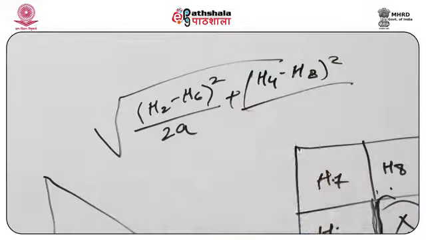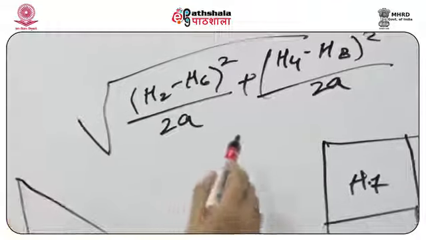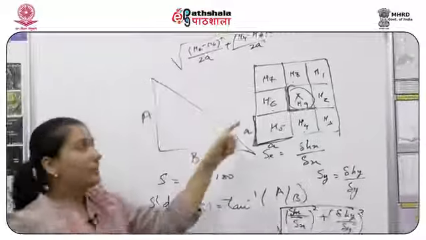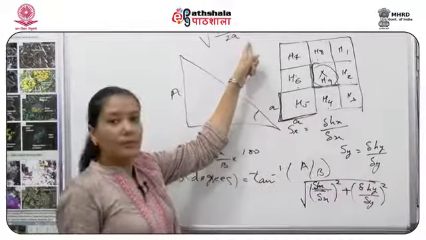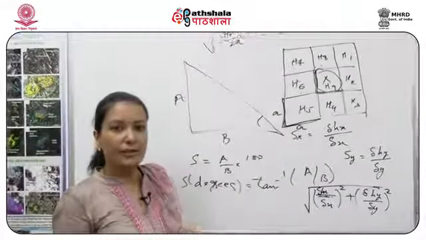Again the same, the spatial resolution is the same for the y direction, again 2a. Based on these elevation values, you can get the slope for any of the raster cells. That is how you calculate the slope.